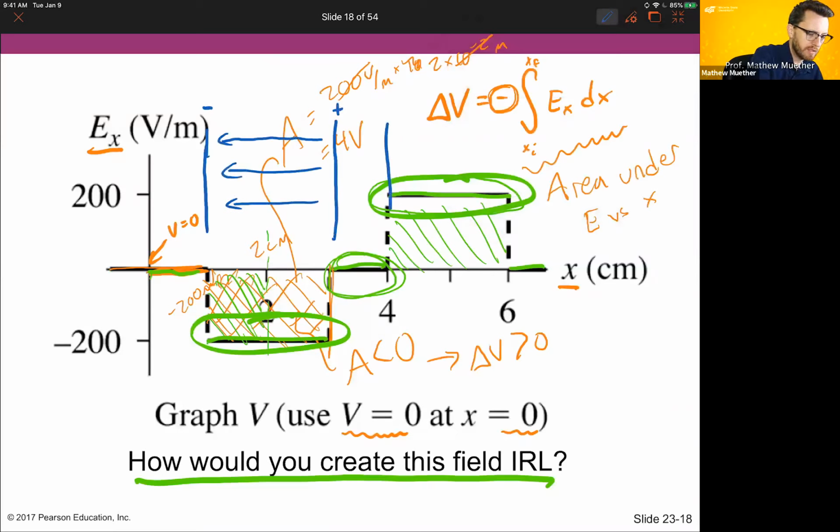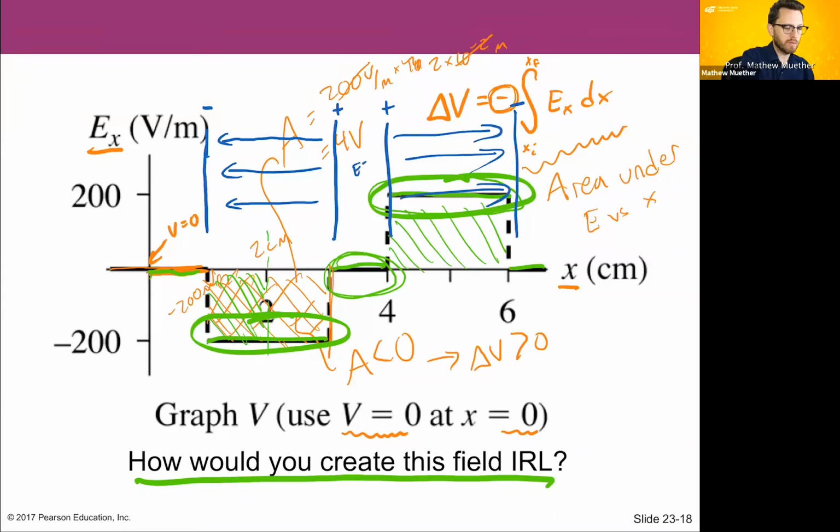And then in this region in space, I could have a positive plate here and a negative plate here and create an electric field that points back to the right. And everywhere else, the electric field would be 0, everywhere outside of the capacitor in the ideal case. So with 2 capacitors, with the right amount of charge built up on the plates, I could generate an electric field that looks like this in space.